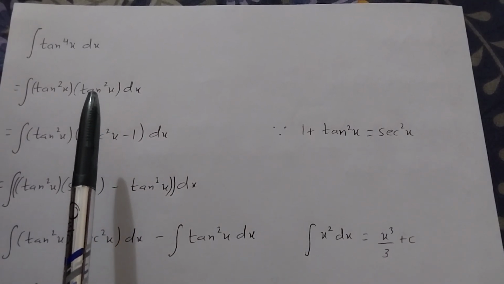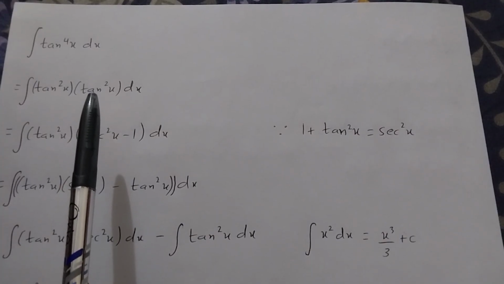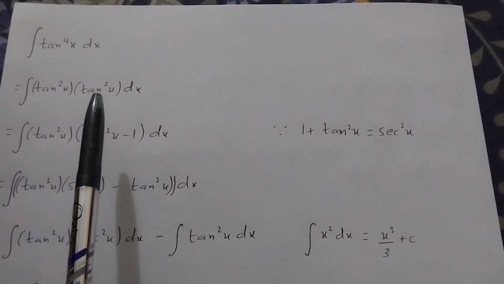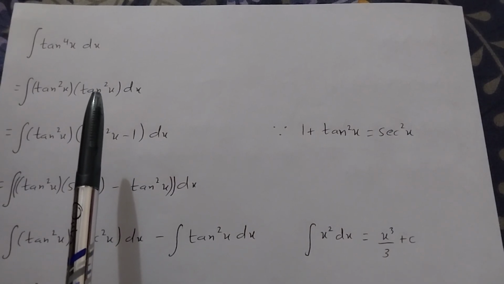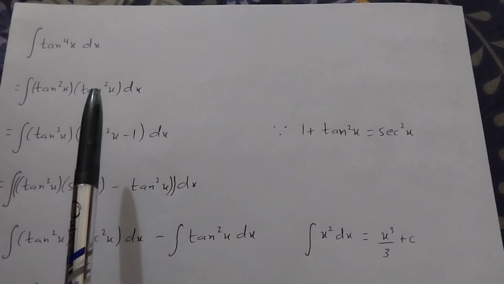Because we know that secant square x is the derivative of tan x, so we can easily integrate secant square x as compared to tan square x. We don't know the integral of tan square x, but when we write it in the form of secant square x, we know that secant square x is the derivative of tan x, so we write the integration of secant square x as tan x.